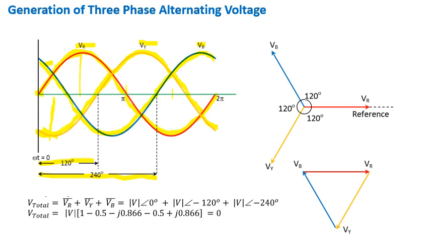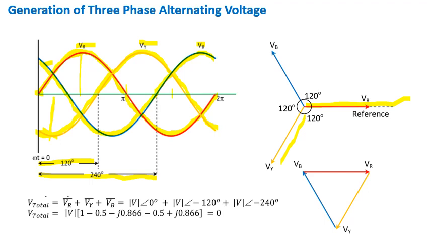These waveforms have been drawn with an assumption that the coil in the previous figure of the three-phase generator was rotating in anticlockwise direction with phase sequence RYB. The same is shown here using a phasor diagram. R phase voltage is taken as reference, meaning it is drawn parallel to the x-axis.